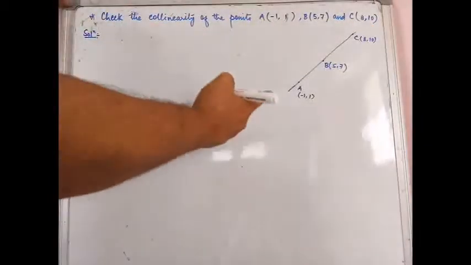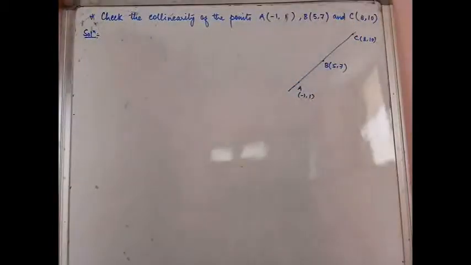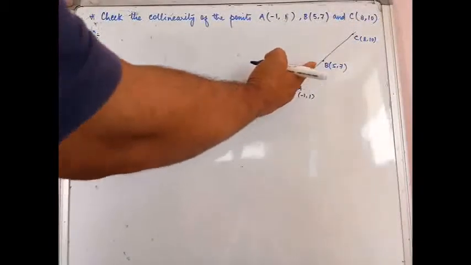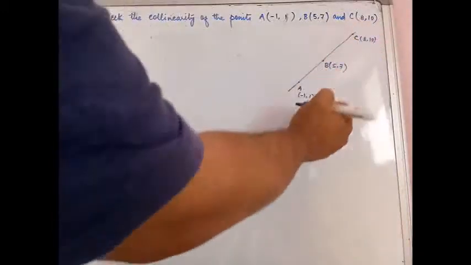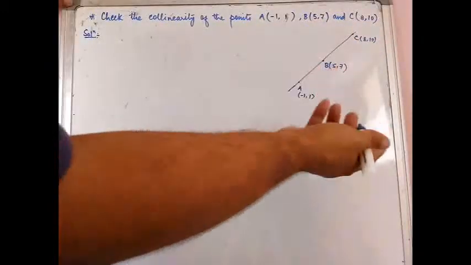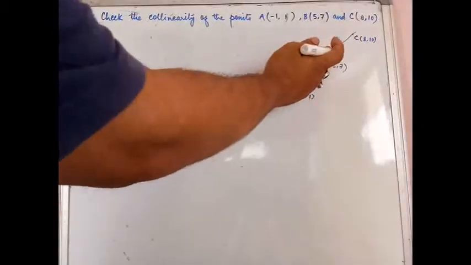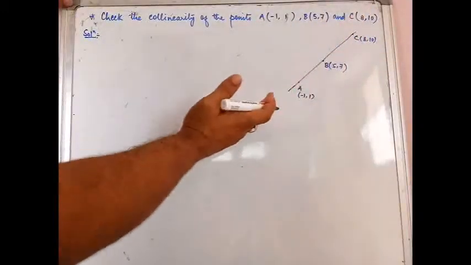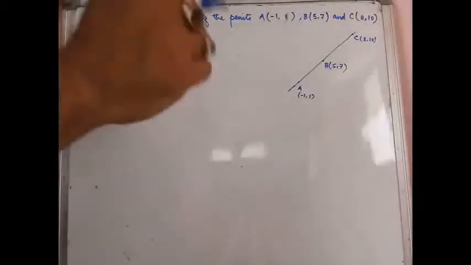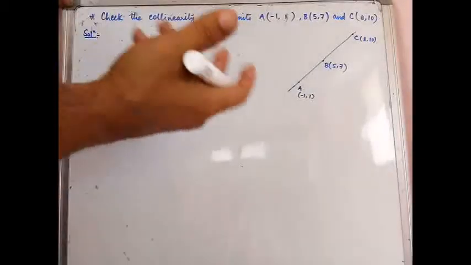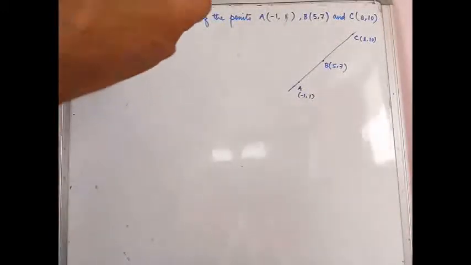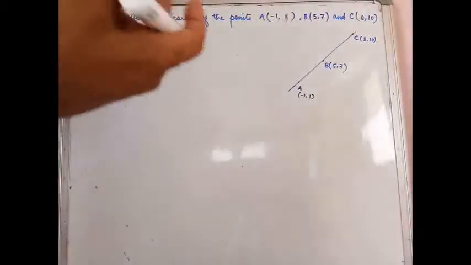Okay, if they are lying in a straight line, that means slope of BC and slope of AB is going to be same, because AB and BC are not different lines, it's the same line. Okay, so the condition, how will we check? We will take 2 points at a time and find out their slopes. If their slopes are coming equal, then they will be collinear.